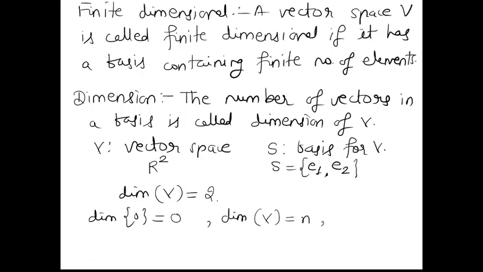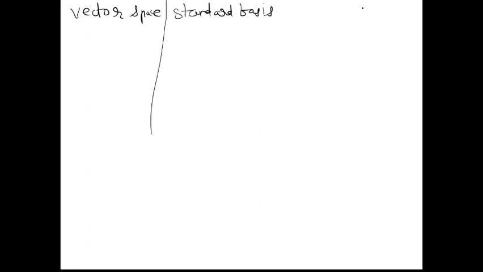Now, let us see some standard bases and their dimensions for a given vector space. If we have a vector space and its standard basis is known, then the dimension can be obtained easily. So if we have R square, the two tuple space, its standard basis is always e1, e2.